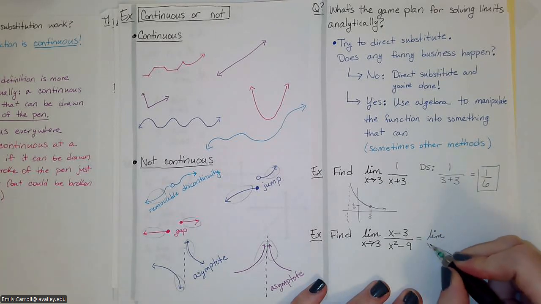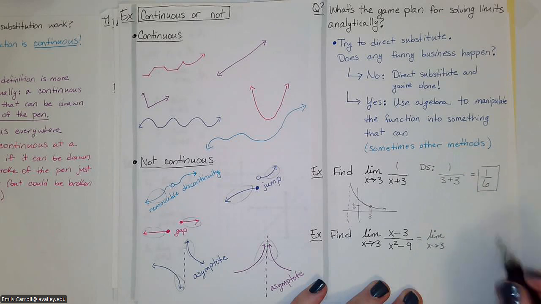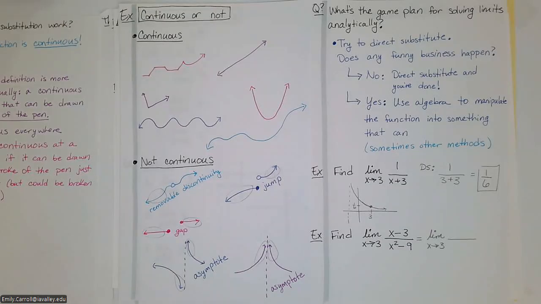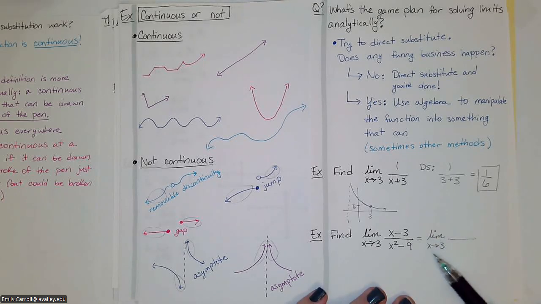And by the way, when you're doing limit techniques to rewrite the function in a new way, you want to carry that limit operator along. This has to stay with you until you go ahead and take that limit. So until you can get to a point that you actually can direct substitute, the limit operator has to stay. It gets used up when we finally get it to where we need it to go.